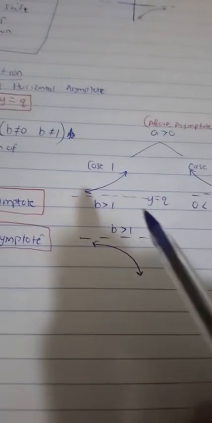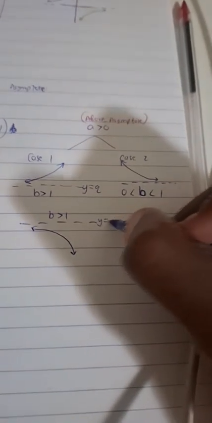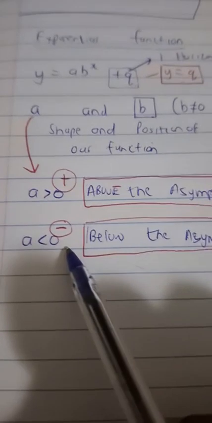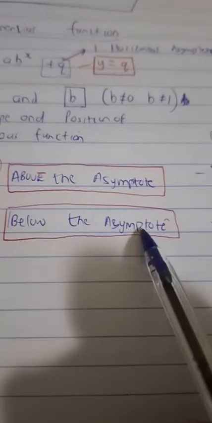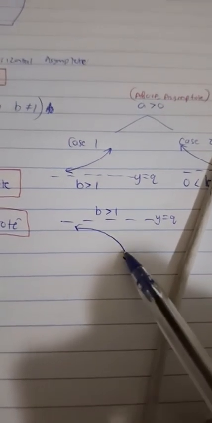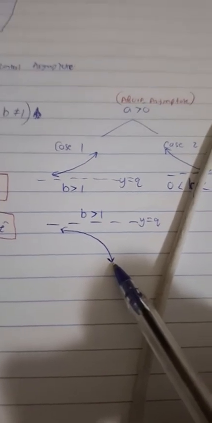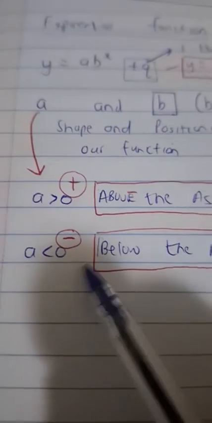Okay, so the asymptote is there, y is equal to q, but because a is less than 0, the function is found below the asymptote. So that means the function will go in this direction. Okay, that's very important.